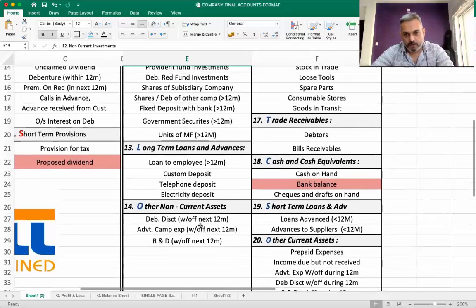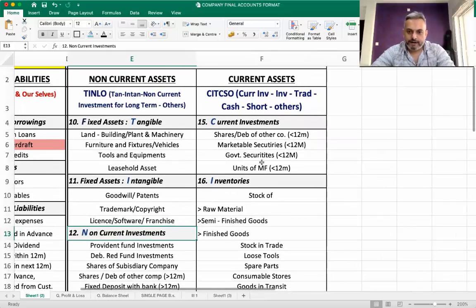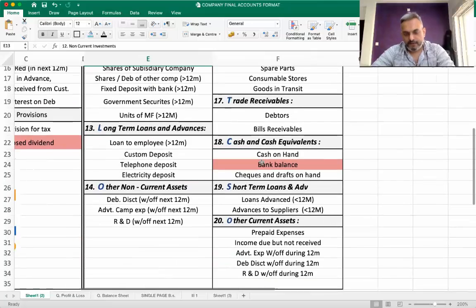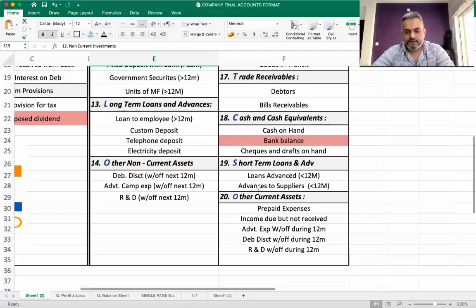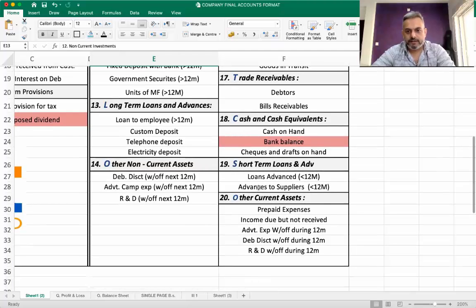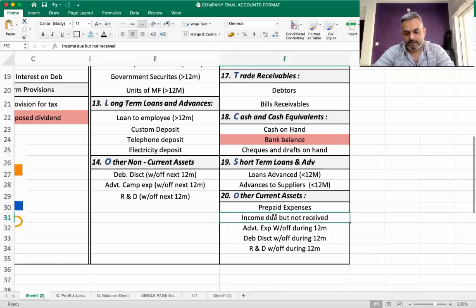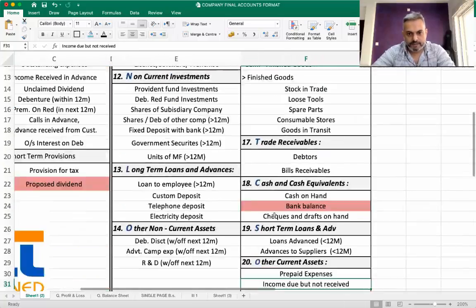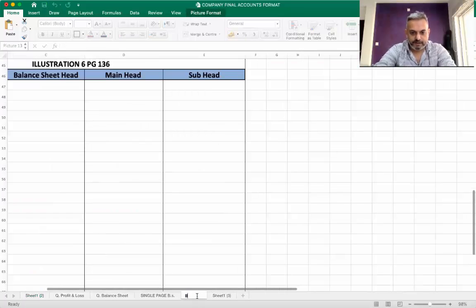Then you have current assets: current investment, inventory, trade receivable, cash and cash equivalent, short-term loans and advances, and other current assets, where you have prepaid expense, income due but not received. Okay, just go through it once and then we start with illustration 6.